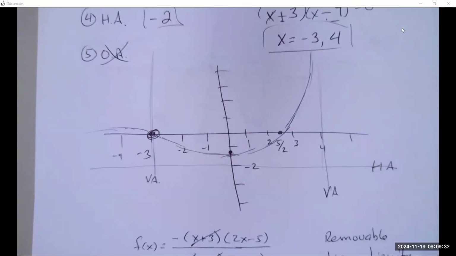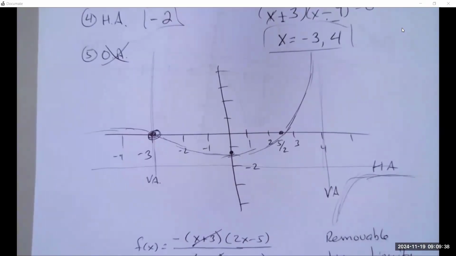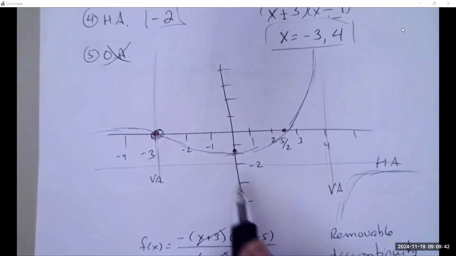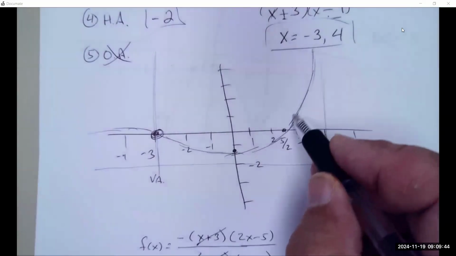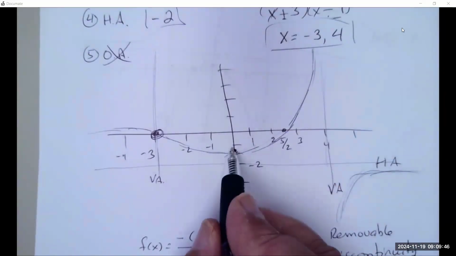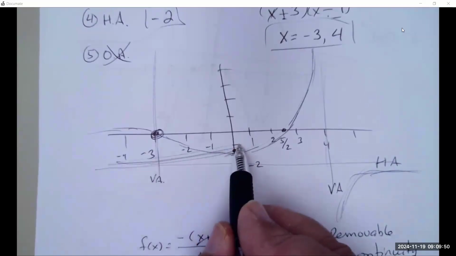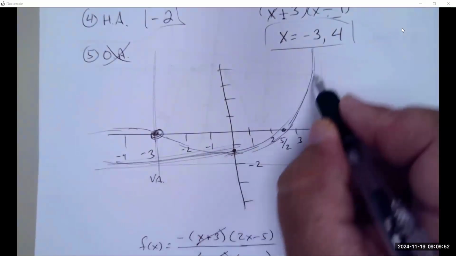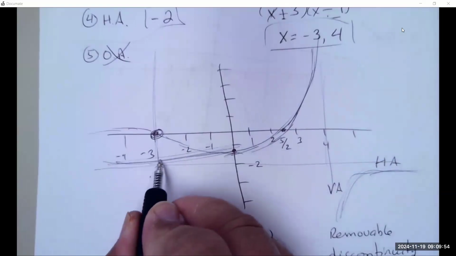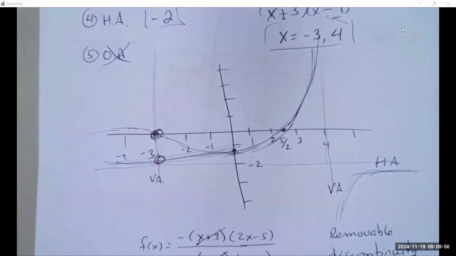And then where's the other half of the graph? It's going to be below there. Actually, let me see. Let's look at these values here. It should be approaching the horizontal asymptote. Yeah, so there's a hole there.